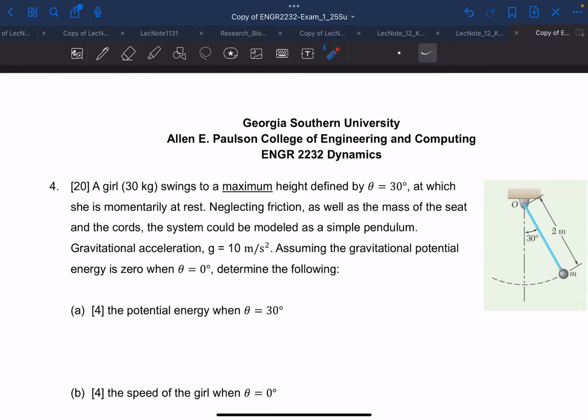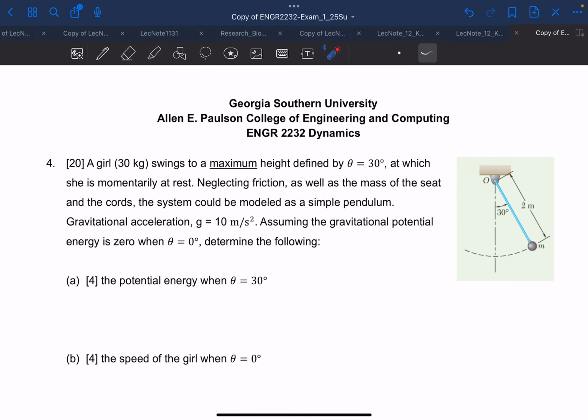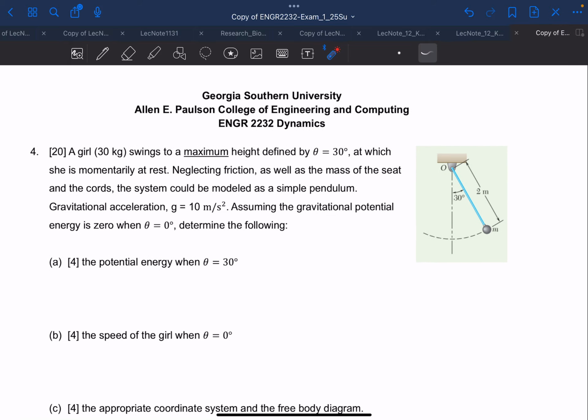And then here, the girl swinging. This one is also coming from our lecture notes, and it has a max height defined by this angle of 30 degrees, at which she's momentarily at rest.